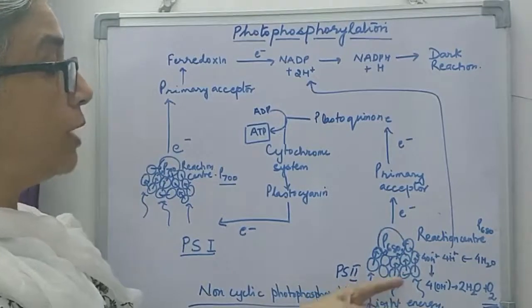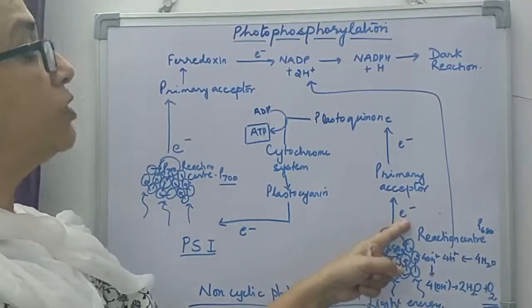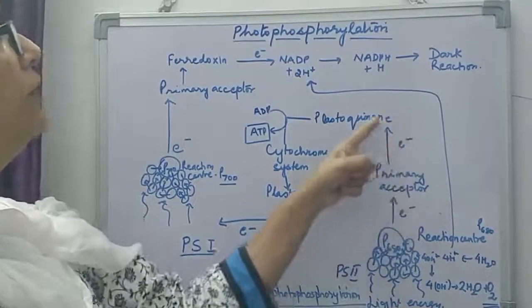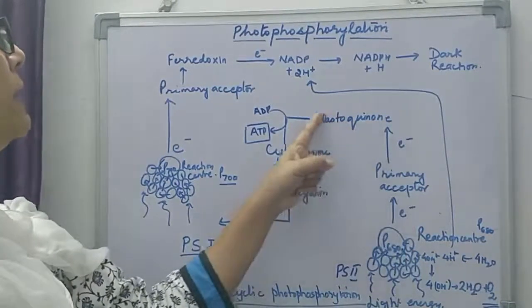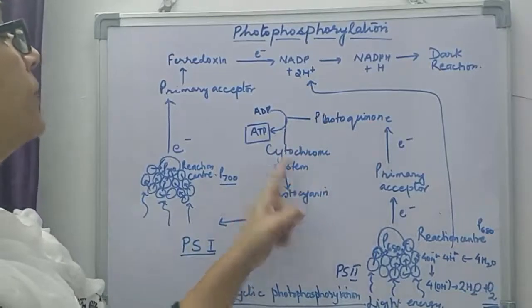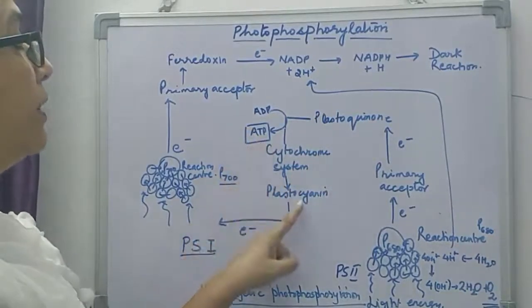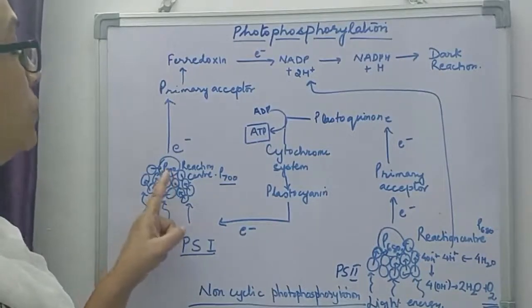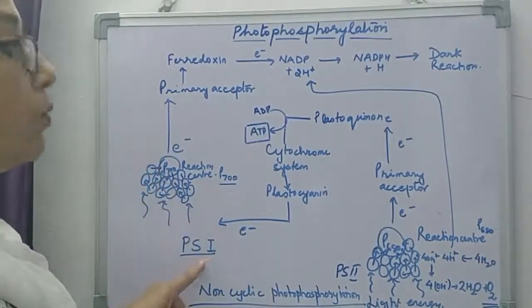Photosystem 2 absorbs light energy and emits an electron which is accepted by the primary acceptor, then by plastoquinone, and then by the cytochrome system. ATP is formed here, and from plastocyanin the electron then goes to photosystem 1.